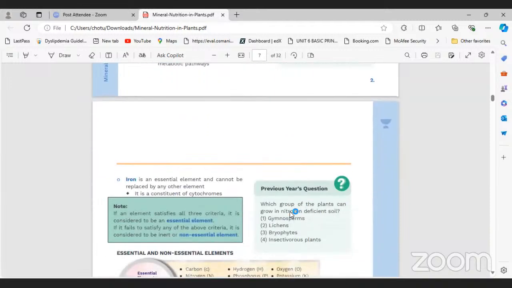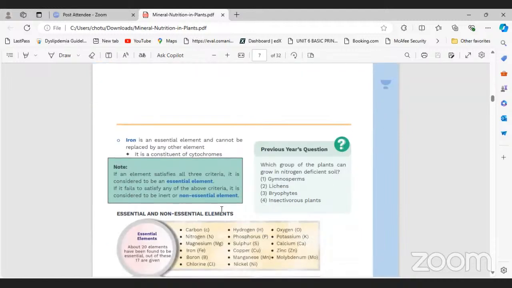Next one, the second one, is iron. Iron is an essential element and cannot be replaced by any other element. It is a constituent of cytochrome.